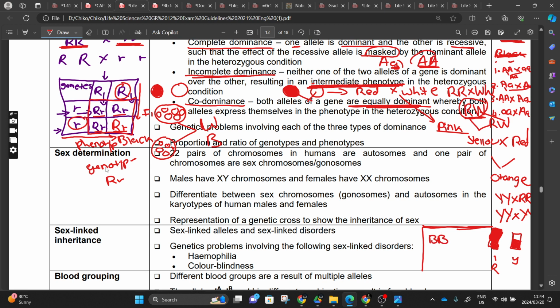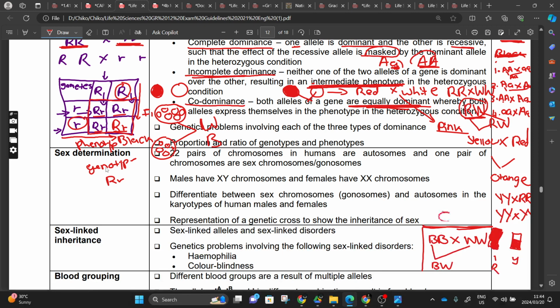When they say both of them are codominant, or equally dominant, it means we are going to use different letters. And then when this B joins with this one, they form something new.